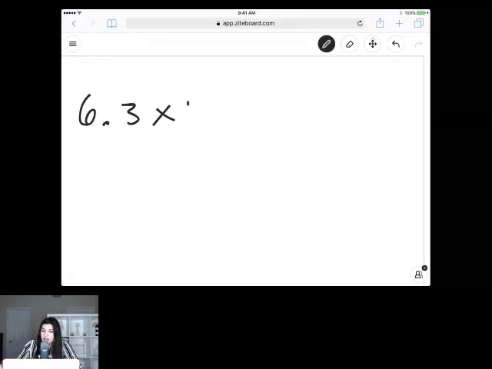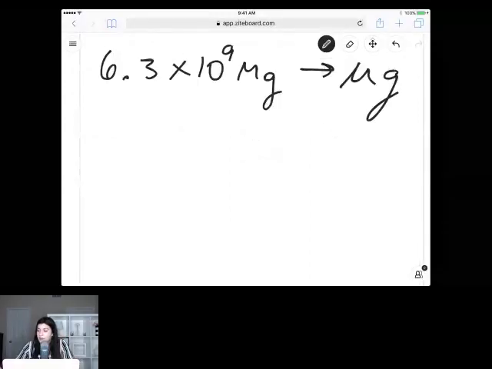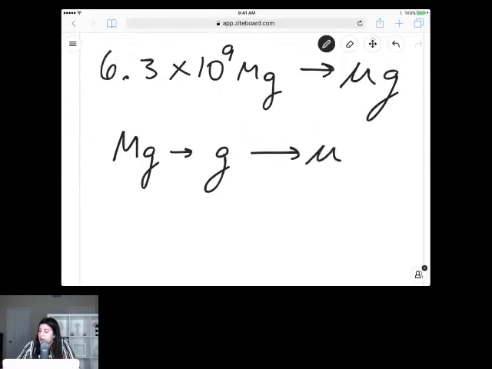6.3 times 10 to the 9th. What is that? Megagrams. Okay, going to micrograms, I'm assuming. This is just the symbol for micro. For mega, this is something we would have to know: our conversion factor is going to go from megagrams to grams, then to micrograms.